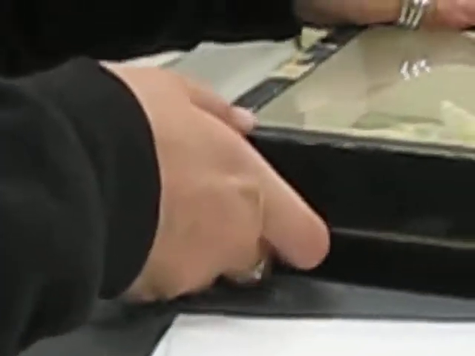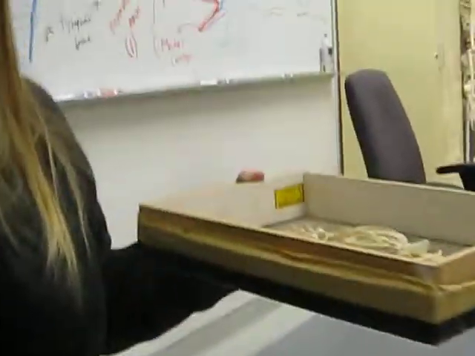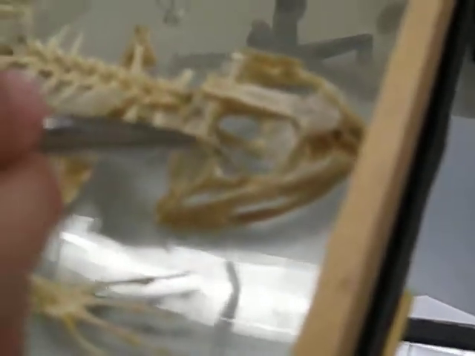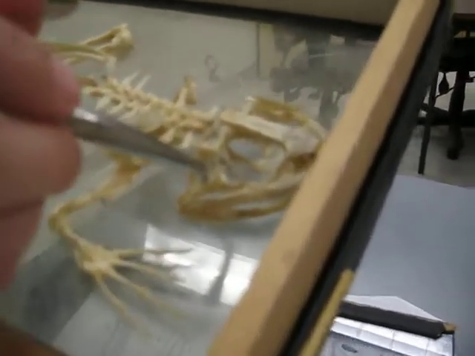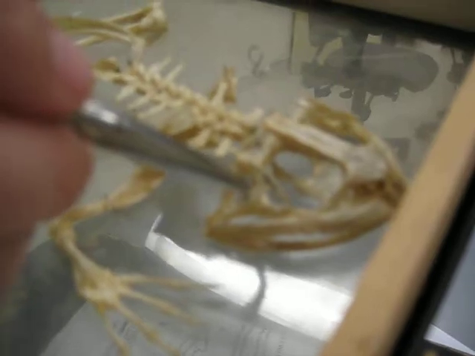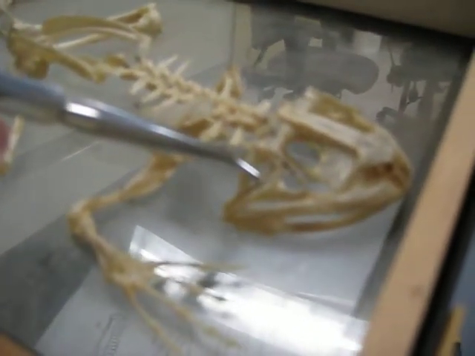And then, last but not least, you have your froggy skeleton. And see how there's this kind of circular part on the frog right there? Yeah. That's where the ear is on the frog. And then see that little thing right there? See that little thing that I'm moving a little bit?